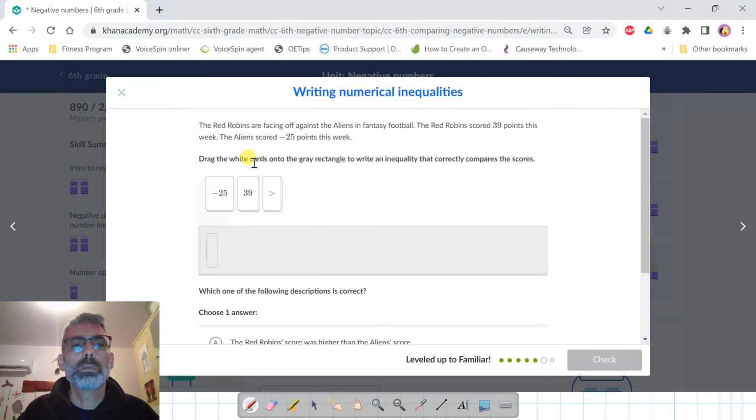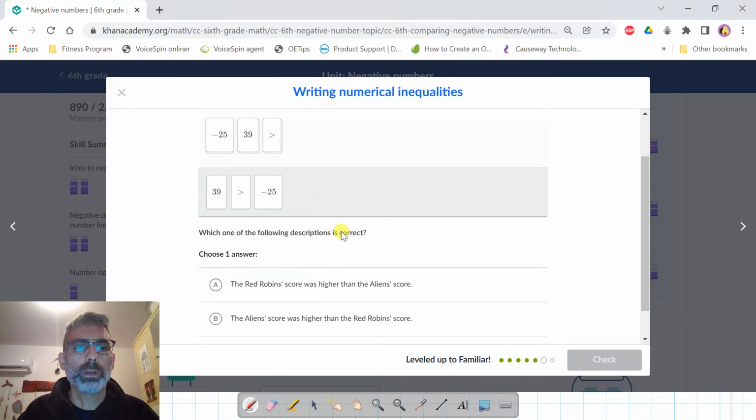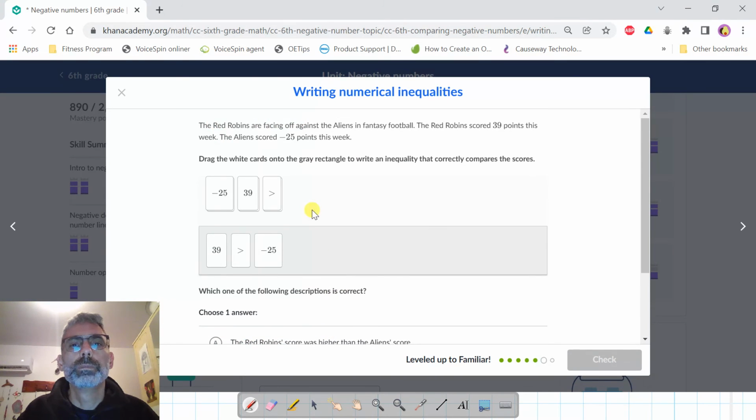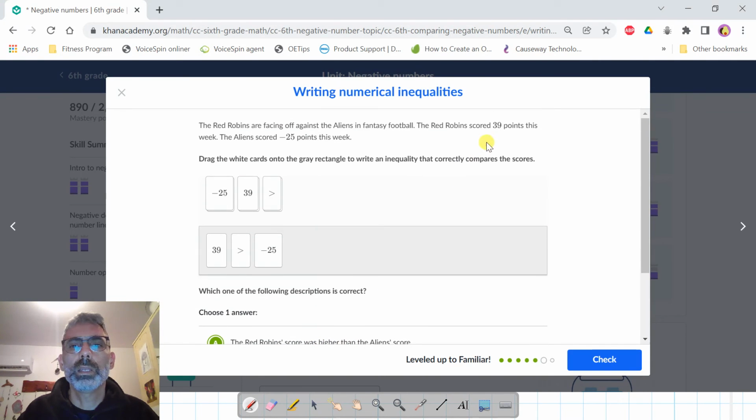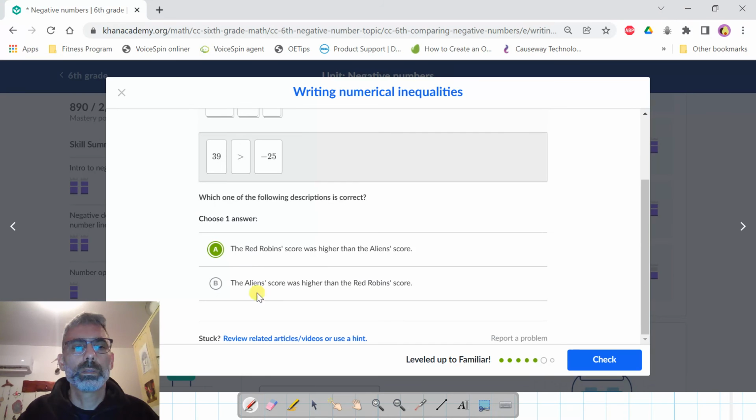Drag the white cards onto the gray rectangle to write an inequality that correctly compares the scores. So 39 is greater than negative 25. The Red Robins scored higher than the Aliens. Yes.